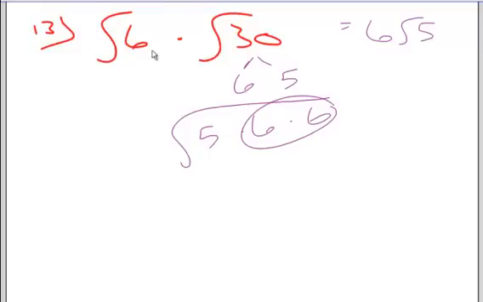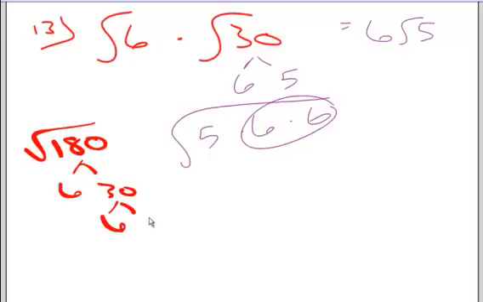A couple problems from the homework that we'll point out. We have 2 options to solve number 13. Square root of 6 times the square root of 30. I can multiply all of this together and deal with the square root of 180 and break that down into 6 and 30 and 6 and 5 and write 5, 6, 6.